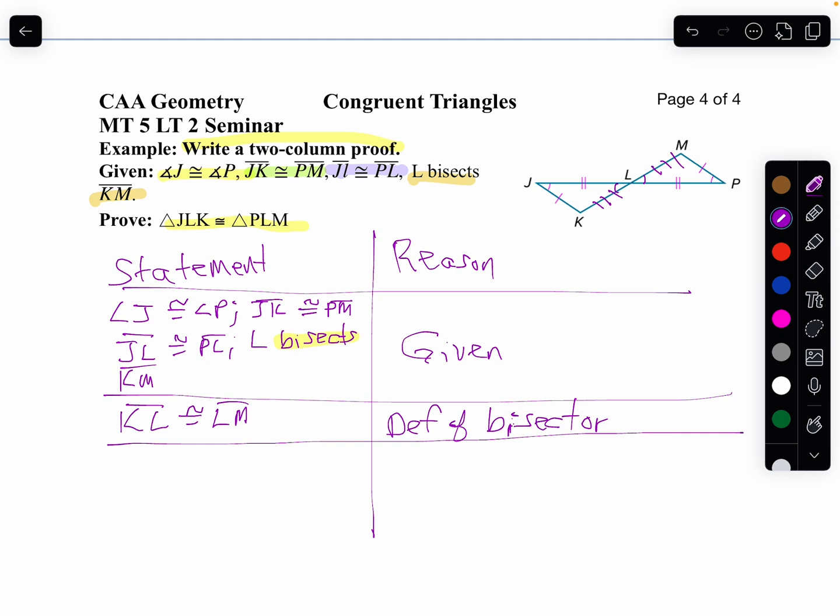The two angles are different. So we're going to use three letters. Angle KLJ is congruent to angle PLM. Why? Because they're vertical angles.